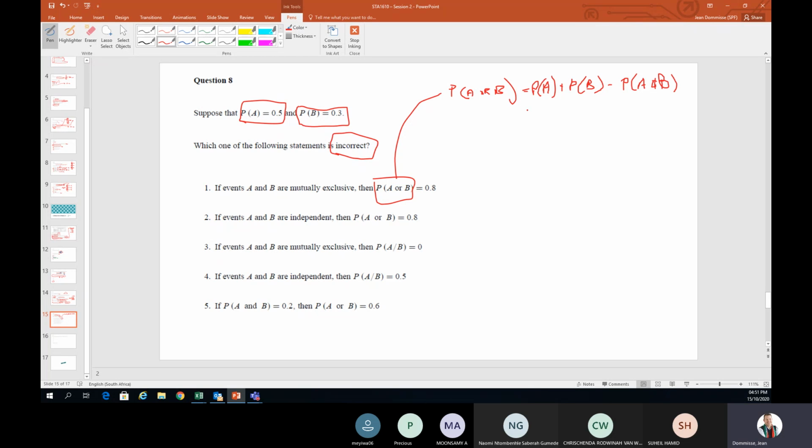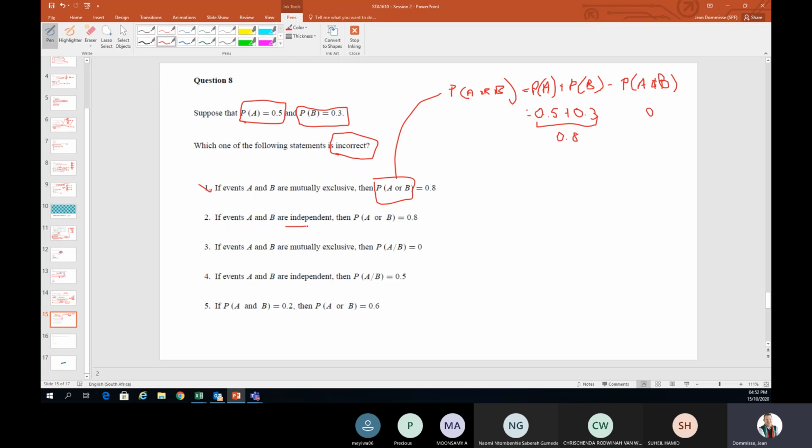Okay, so we know that the probability of A is 0.5. We know that the probability of B is 0.3. So out of that, we already know that it's 0.8. Okay, so if events A and B are mutually exclusive, that will be 0. 0.8 plus 0, so that one is correct. So if it is mutually exclusive, it will be 0.8.